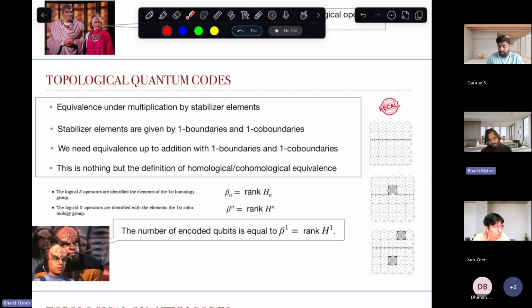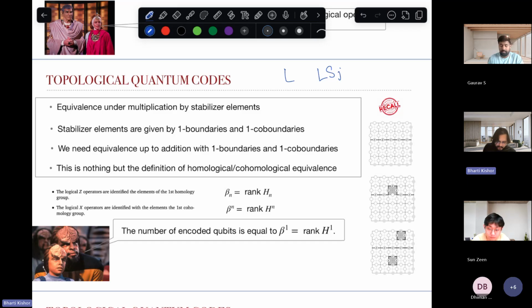We also said that you take a logical operator L and multiply it with some stabilizer Sj, and it's the same logical operator. In this case, it is nothing but adding some boundary operator, and we talked about that last time.